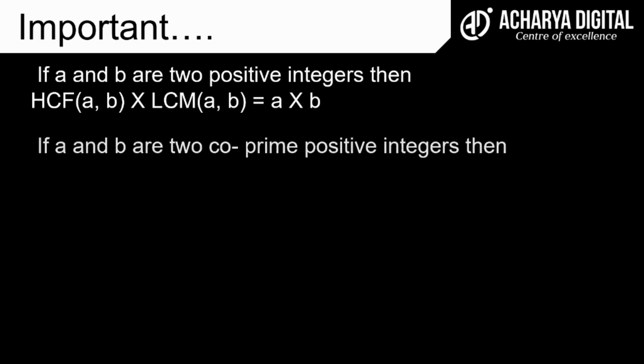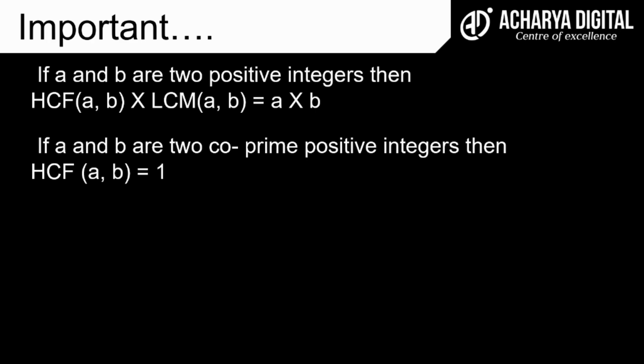See the next point. If A and B are two coprime positive integers, then HCF of such two coprime positive integers is 1. What is coprime? Coprime numbers are the numbers which have a factor common, and that factor is only number 1. Except 1, nothing is common between them.